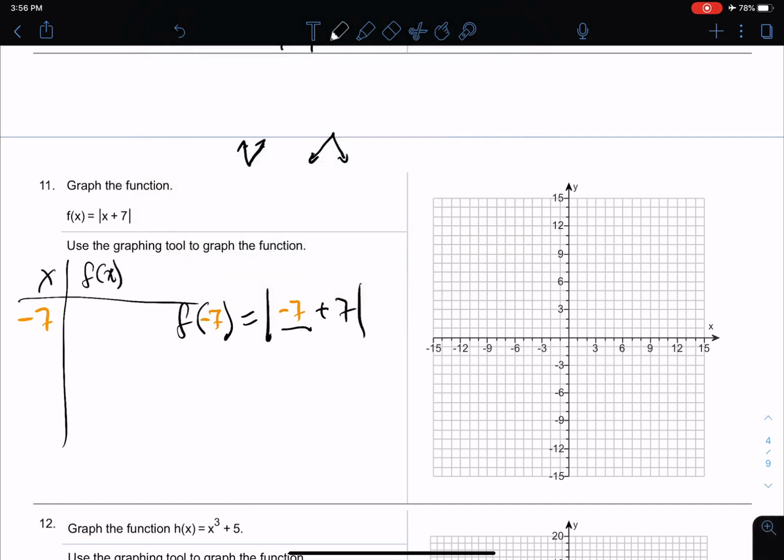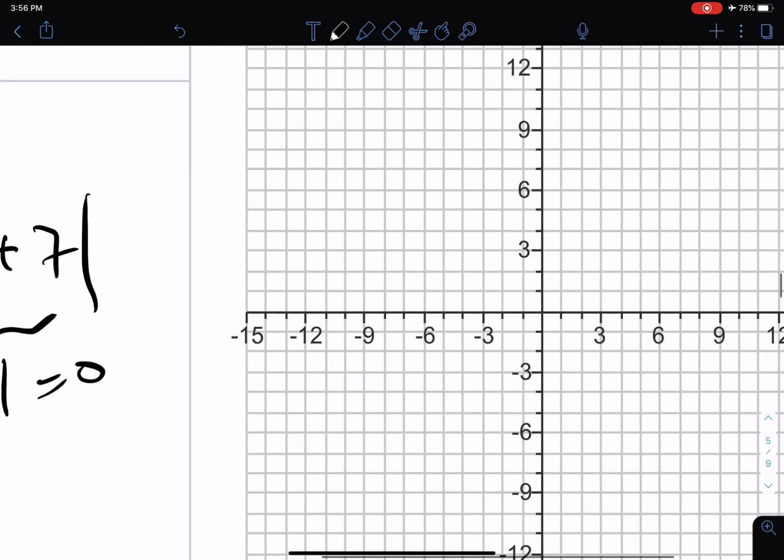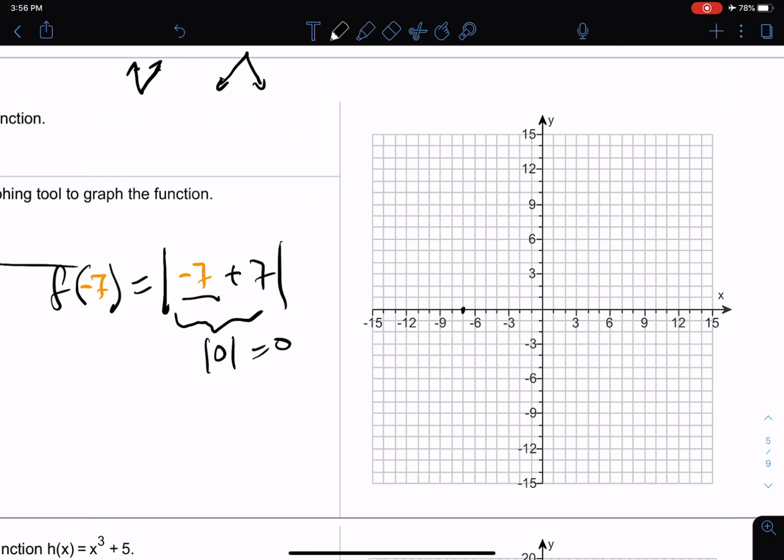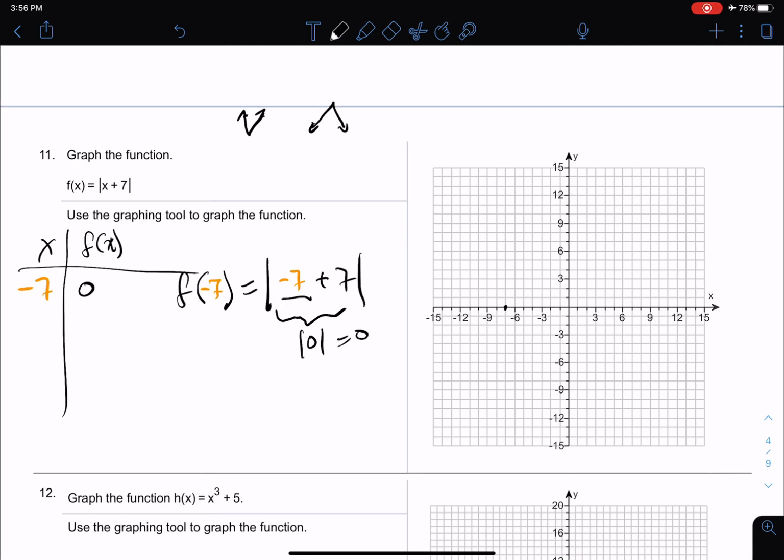And you can see that first we have to do our operation. -7 plus 7 is 0, and the absolute value of 0 is 0. So we get our point here at -7, 0 right there. And like I said, now with MyLab, you only need one more point because that is going to be the vertex. But if you didn't know that, and it's a good idea to kind of convince yourself.